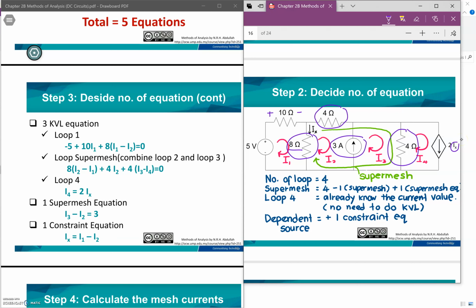Ix is flowing through the 8 ohm. So you have to find the current in between I1 and I2, and because Ix has the same direction as I1, therefore Ix equals I1 minus I2.